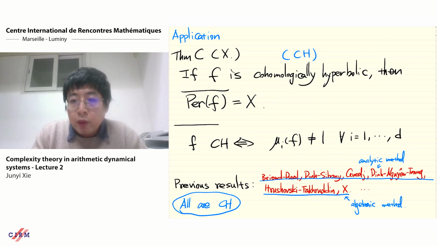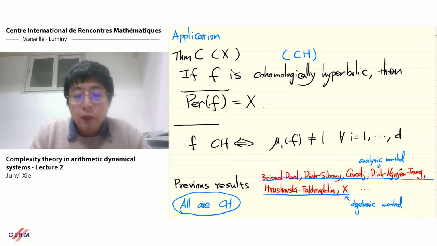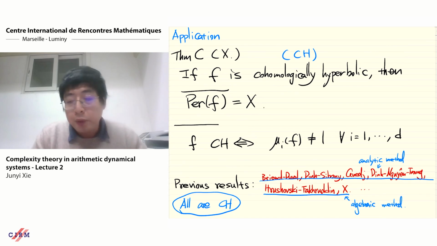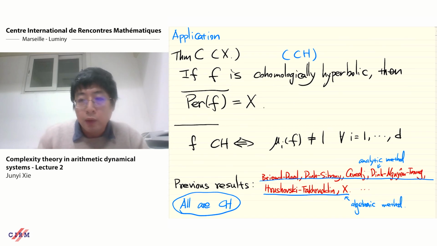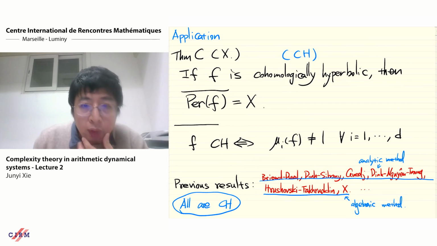And the advantage of the algebraic method is that it works not only over C, it works over any field. So, for example, it works even in positive characteristic. Okay, but all these previous results are for cohomologically hyperbolic maps.